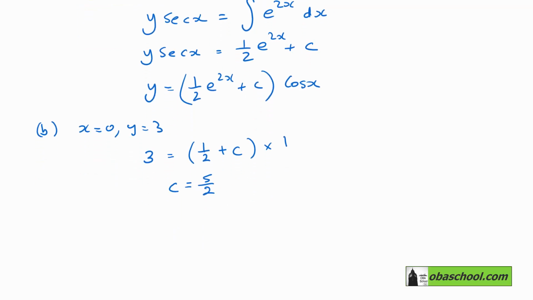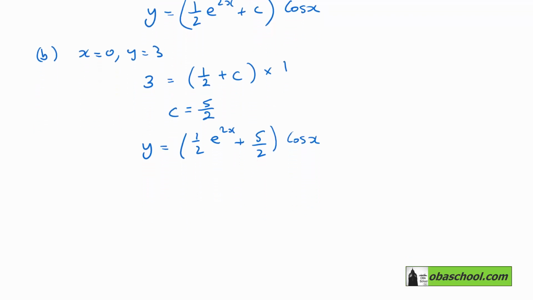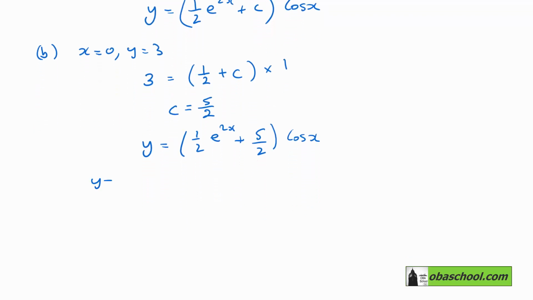So we now have that y is equal to (half e^(2x) + 5/2) times cos x. Now, for y to be equal to 0, that would mean that either this bracket is 0, and that's not actually possible because we know that e^(2x) is always positive.